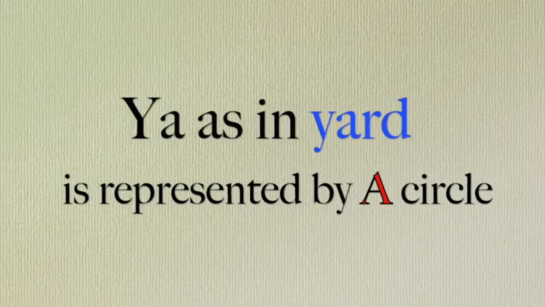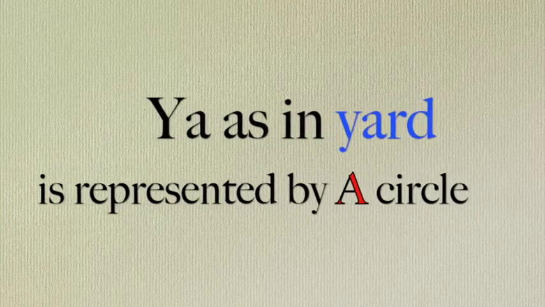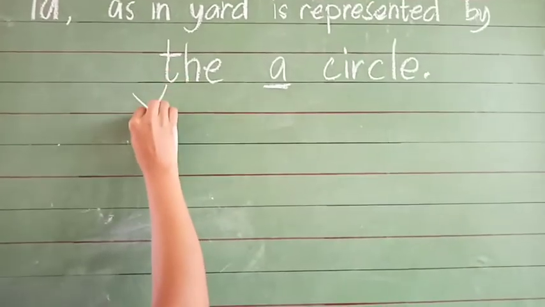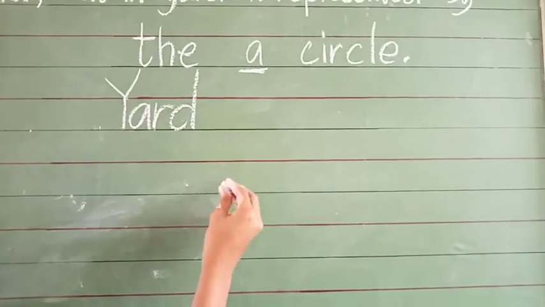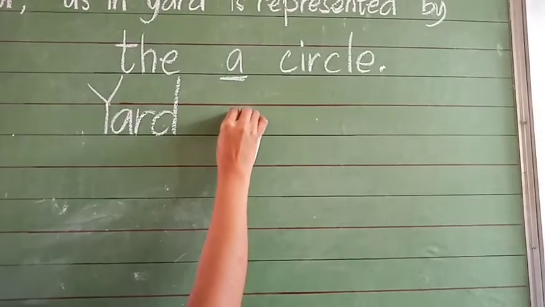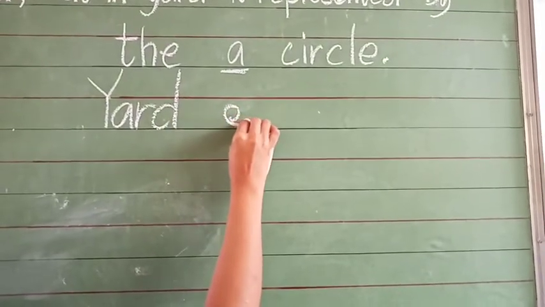As in yard is represented by the A circle. For example, yard is represented by A and RD.